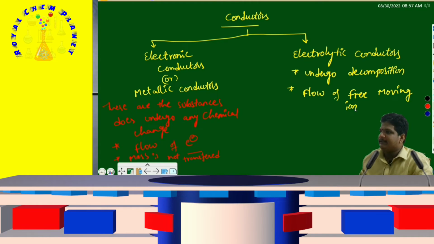The conductivity of these electrolytic conductors is due to the flow of free moving ions. Here a transfer of matter takes place. Mass is transferred.